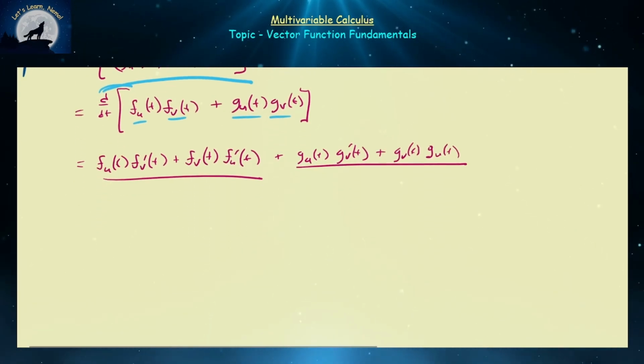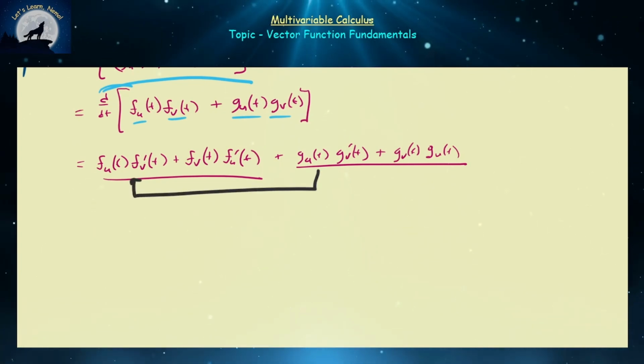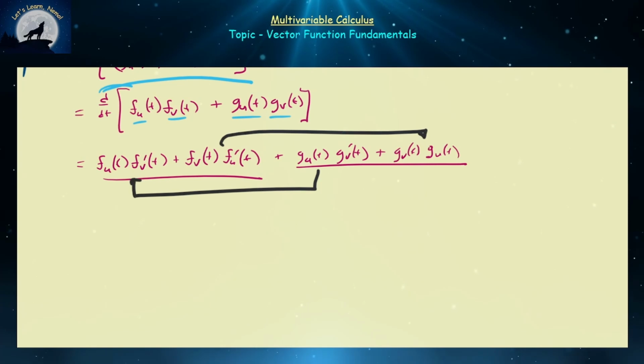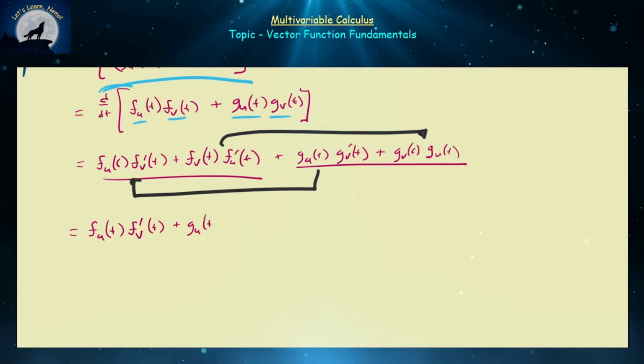So now what I want to do is regroup everything. I want to bring this term over here, and this term over here. That's going to give us fu(t) fv prime(t) plus gu(t) gv prime(t) as a term.